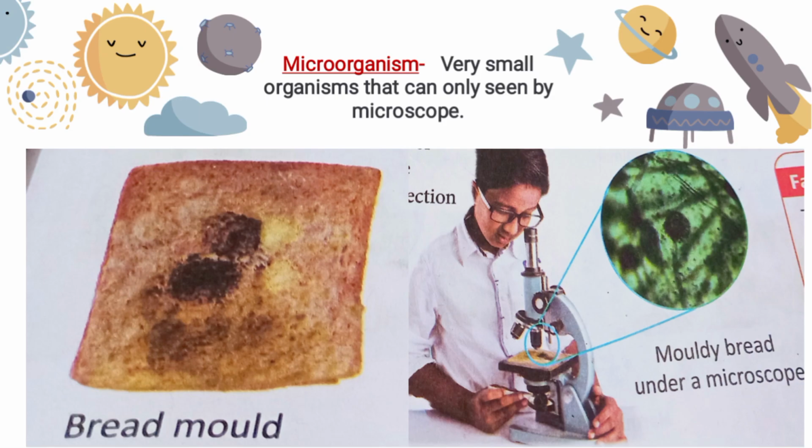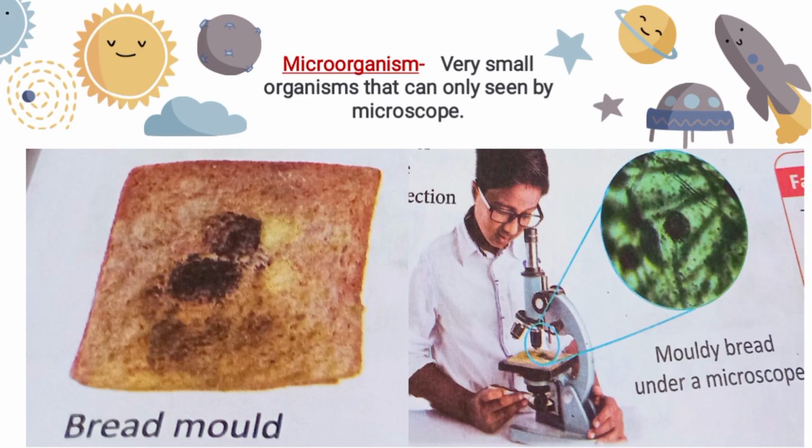As you can see in the picture, what is this? This is a bread, and on the bread you can see some spots. Which color are they? Black and yellow. Now, this boy wanted to understand what these spots are, so he is using a microscope. Why is he using the microscope?